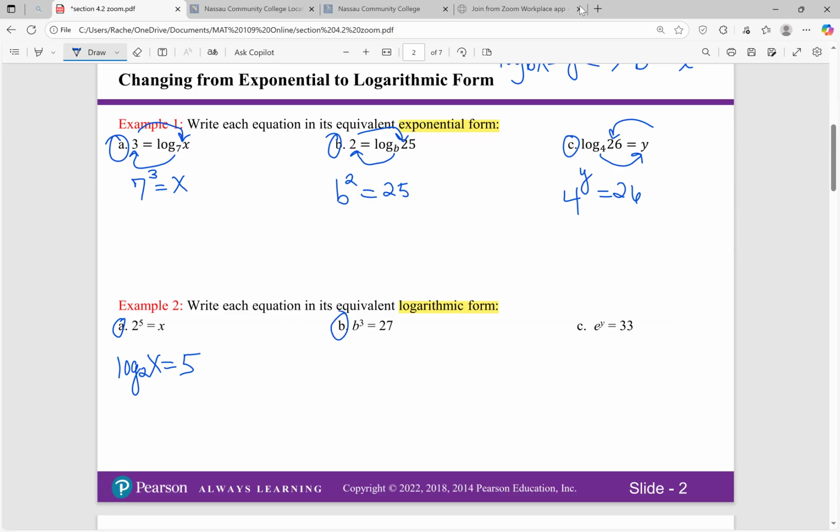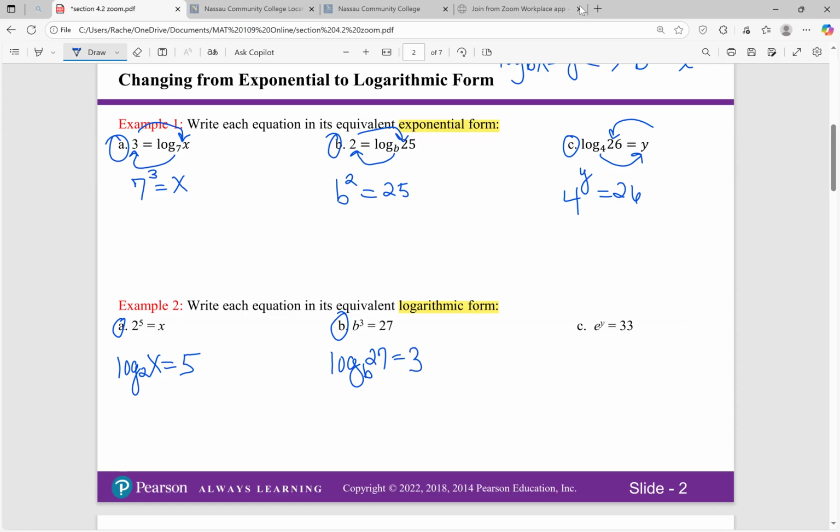If we look at B, I have b to the 3rd equals 27. So let's write that in log form. So we say log base, which in this case is b, right? The base is b, of x, which is 27. And that equals the exponent, which is 3.